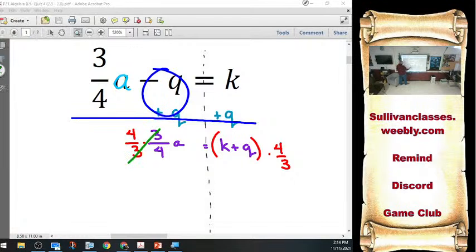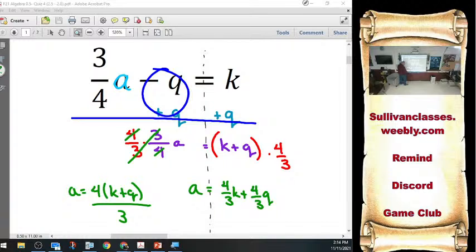And then 4/4 cancels. A is, now I'll accept two different answers here. Either you can take 4/3 times both of them and say 4/3 K plus 4/3 Q. That works. Option 2, maybe you distribute the 4 across the top like this, and then put the 3 on the bottom.